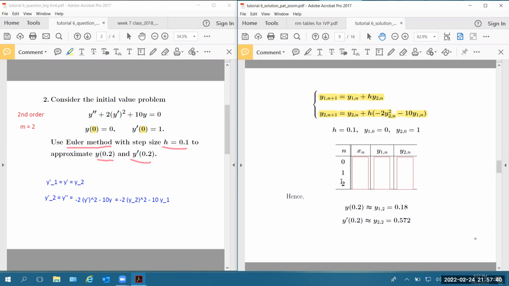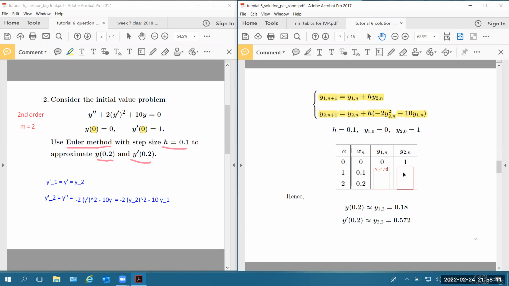So that's how we get our n and our xn, and of course initially, this is what you have only. Is it okay? And then you will use this formula to calculate the 4 numbers here. So this number, for example, is called y subscript 1, 1.